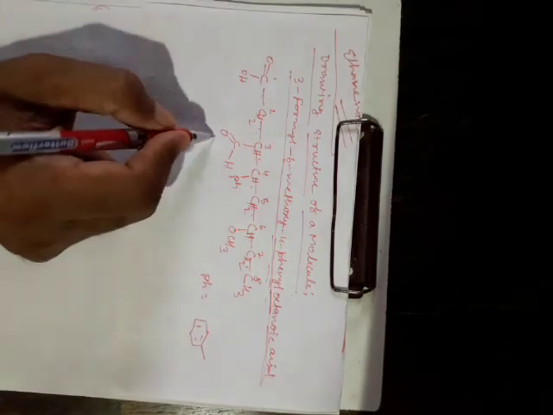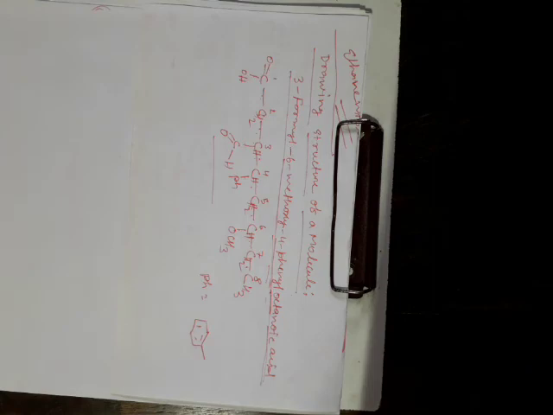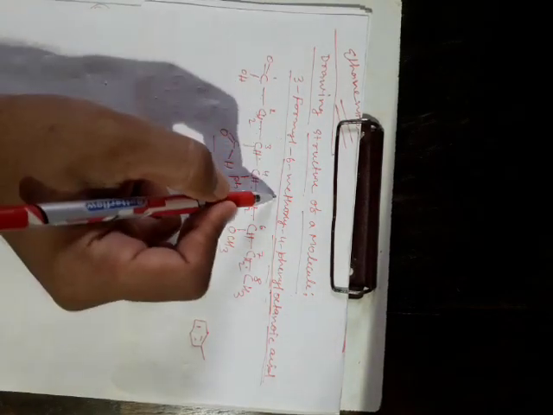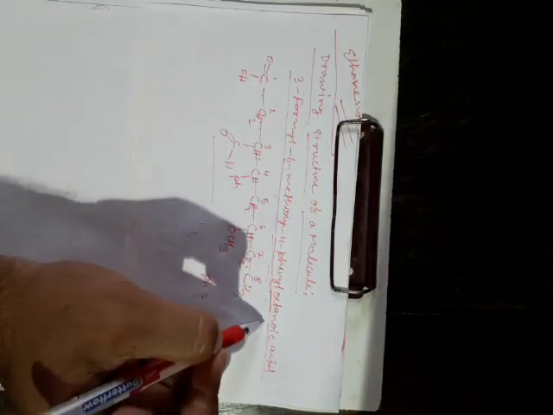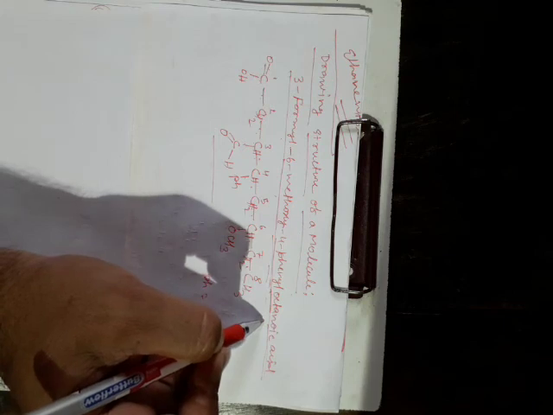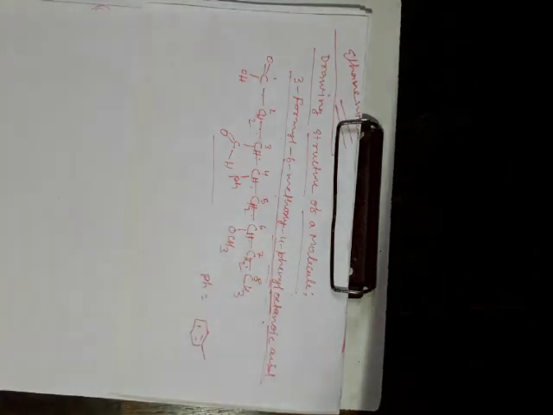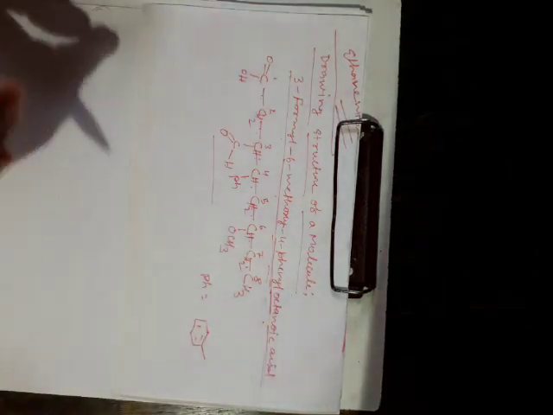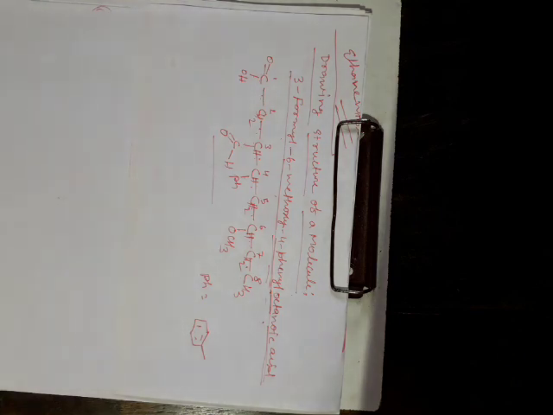Now it is the complete structure of 3-formyl 6-methoxy 4-phenyl octanoic acid. These are the required steps to draw the structure of a molecule by using the IUPAC name. Thank you.